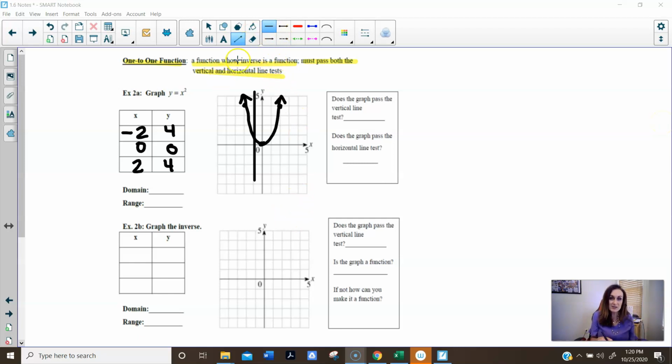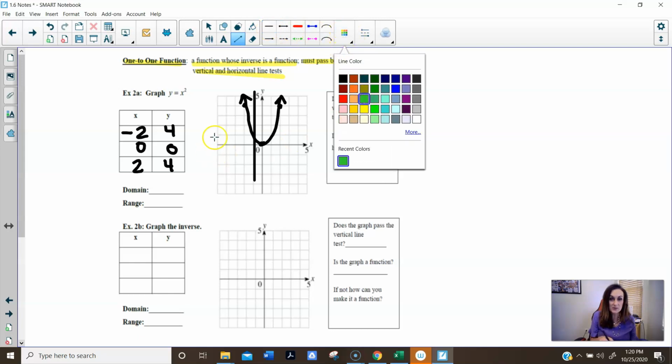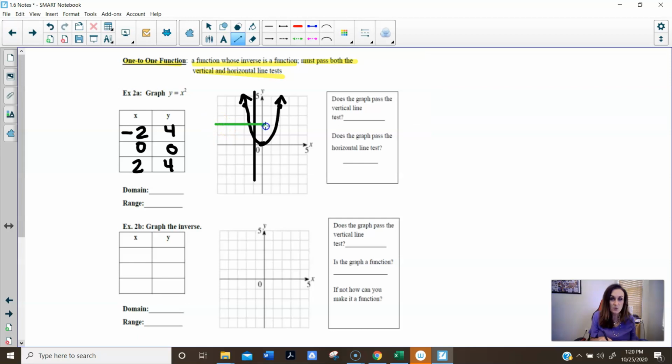Now, the horizontal line test means that when I draw a horizontal line, let's see if I can pick a different color. Let's do green. I love green. So when I draw a horizontal line, you can see that it fails the horizontal line test because it's hitting this quadratic function in two places, and the horizontal line test says it can only hit it in one place.